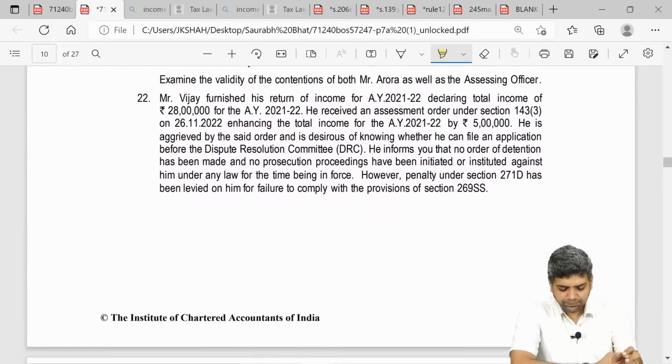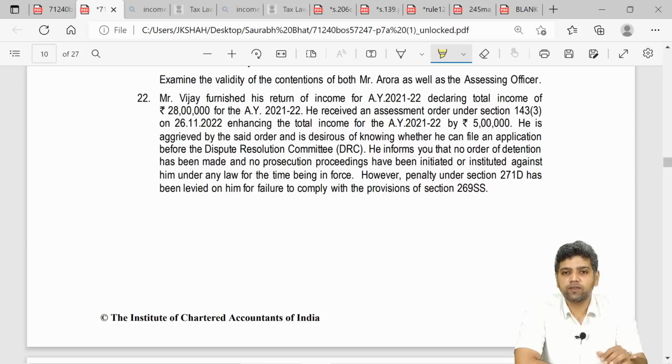Question 22, this is again based on a new issue, or rather new forum created by Government of India. Prior to Finance Act 2021, we had something called as an Income Tax Settlement Commission. See, Income Tax Settlement Commission is for those assessees who are caught red-handed.